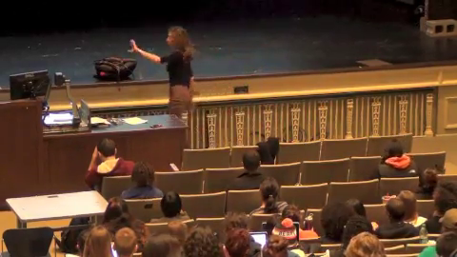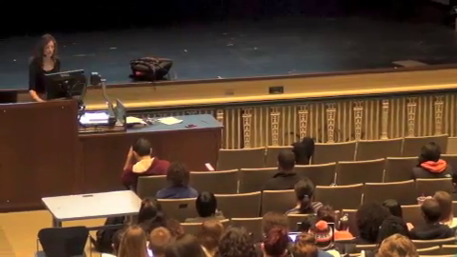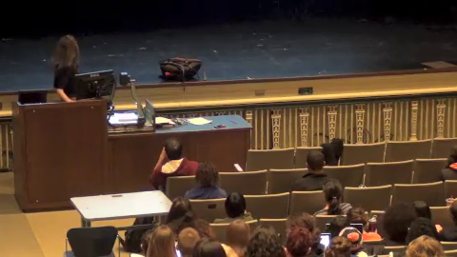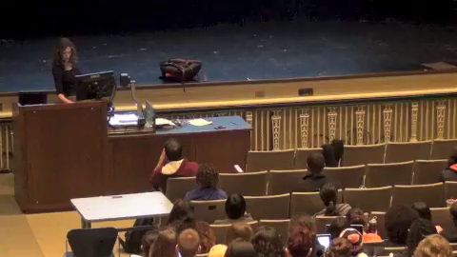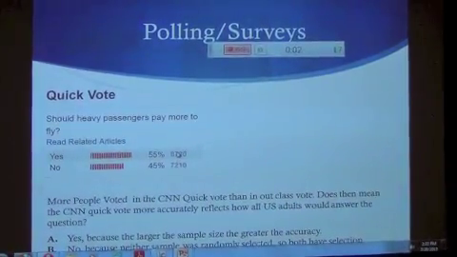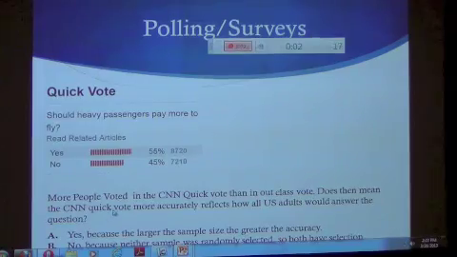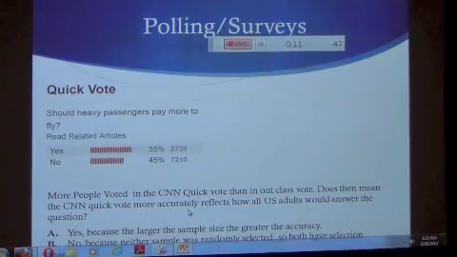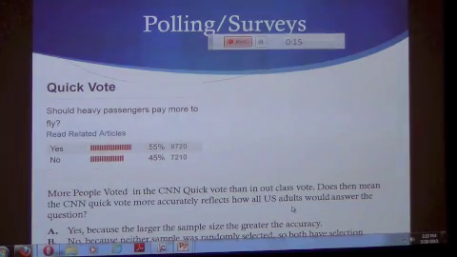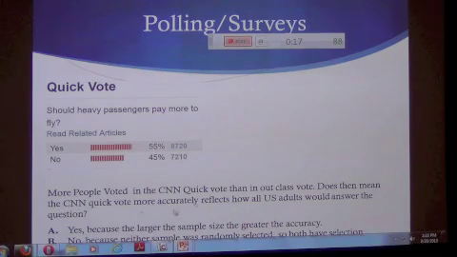All right, now here's our iClicker question. Can you even read this? I'm sorry. It says more people voted in the CNN quick vote than in our class vote. That's true. Does that mean that the CNN quick vote more accurately reflects how all US adults, all 200 million adults, would feel about this question?